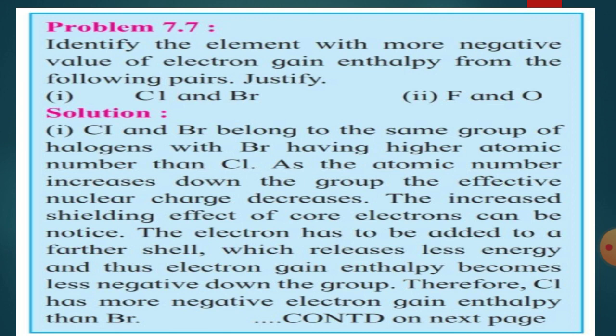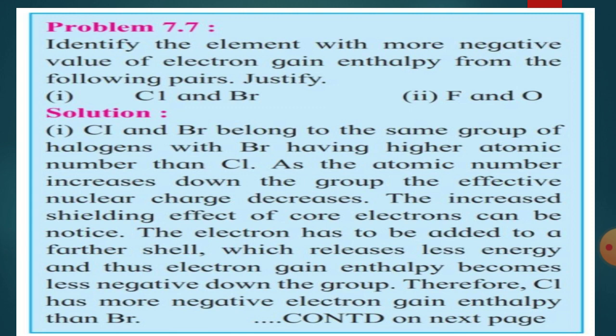As the atomic number increases down the group, the effective nuclear charge will decrease. Down the group, the number of shells also increases, and the increased shielding effect of the core electrons can be noticed. As the number of shells increases, the shielding effect also increases, because the distance from the nucleus to the outermost shell increases.